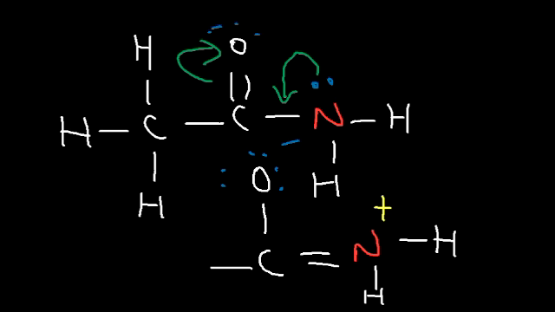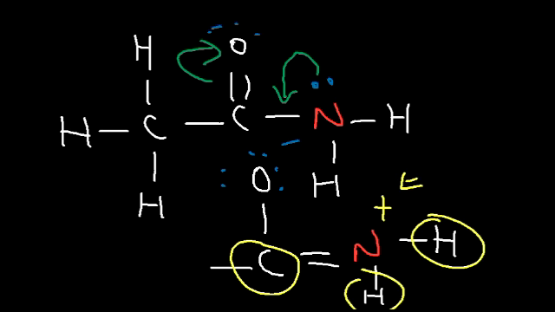So therefore, nitrogen only has 3 groups, so it's sp2 hybridized. So you don't count this lone pair. It's not sp3 hybridized. Now, if the carbonyl group wasn't there, so let's say if we had this structure.